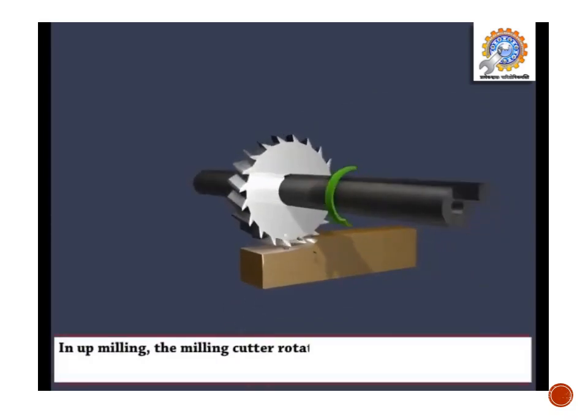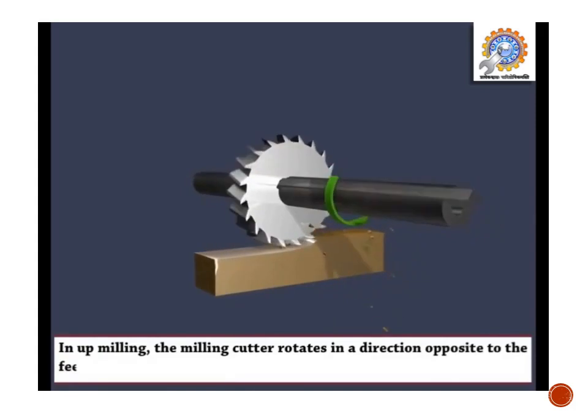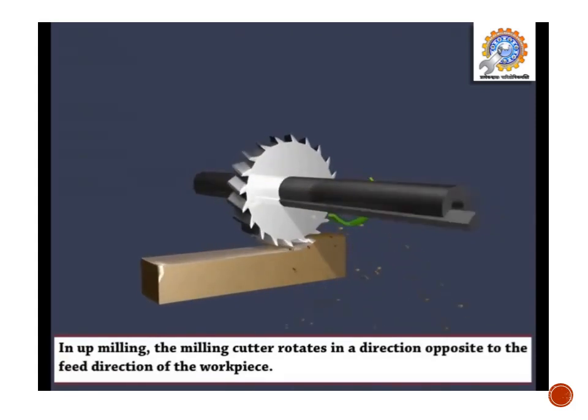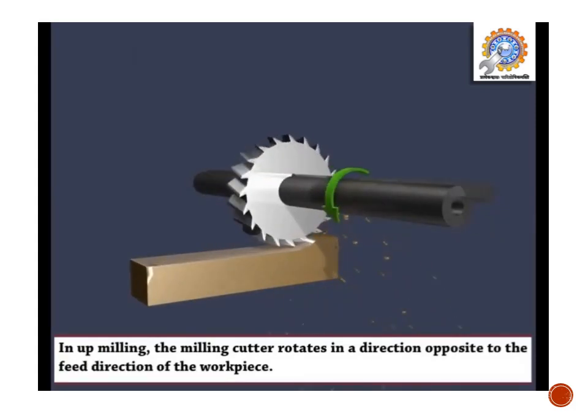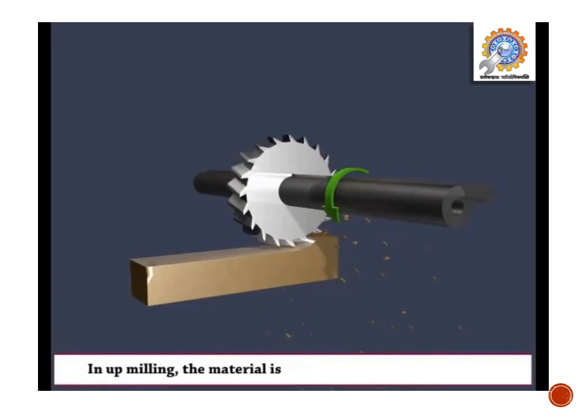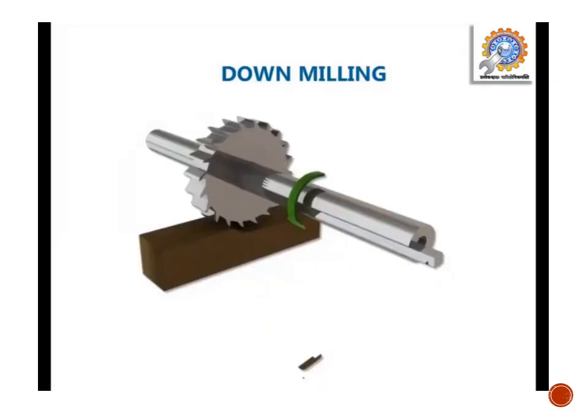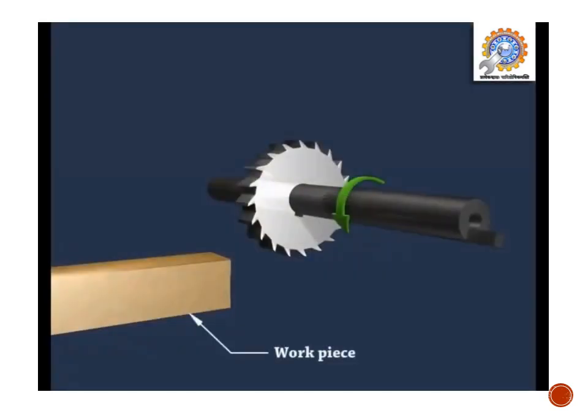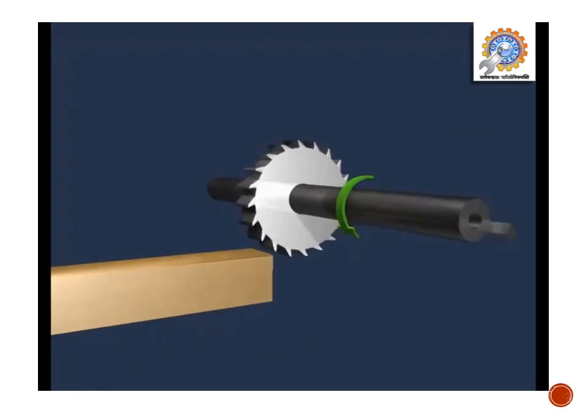You can see that the material removal will be maximum, and it is a very fast operation too. In up milling operation, the material is removed by the resultant force. In a down milling operation, the cutter tool direction and feed direction will be the same.